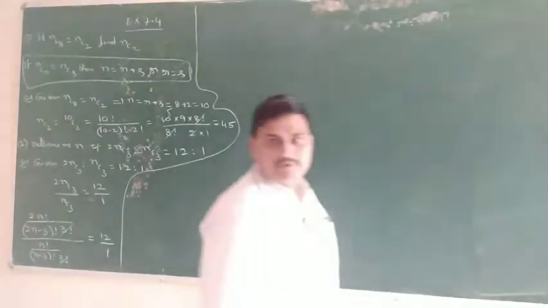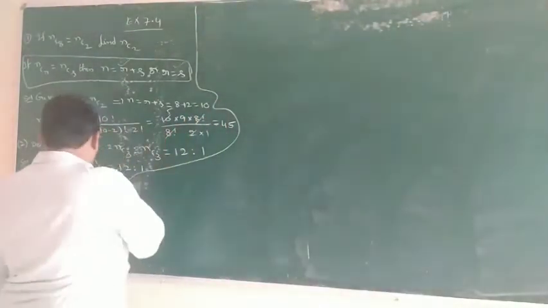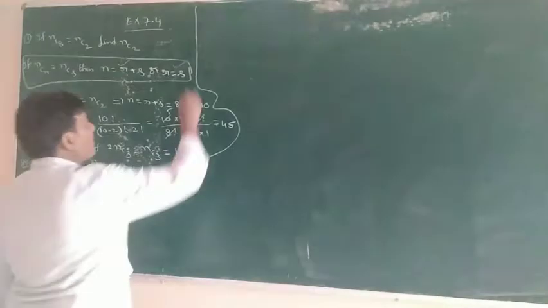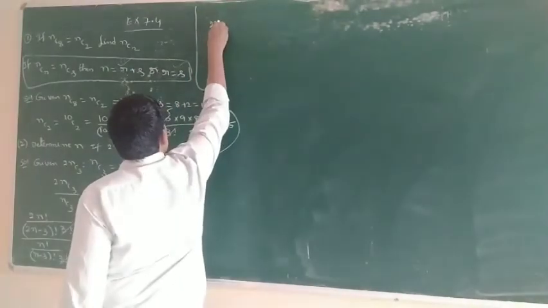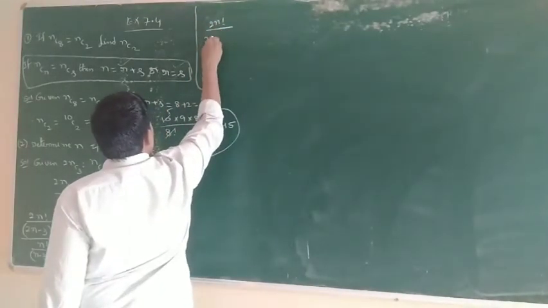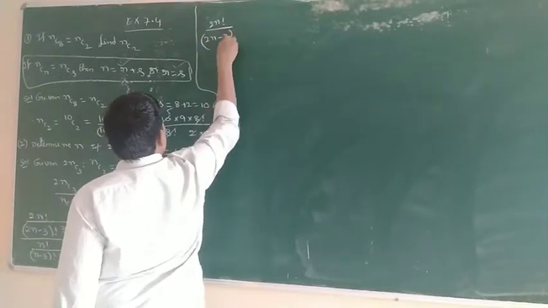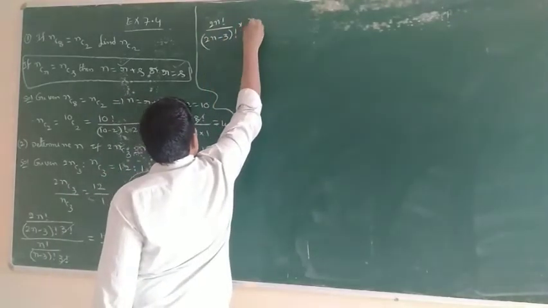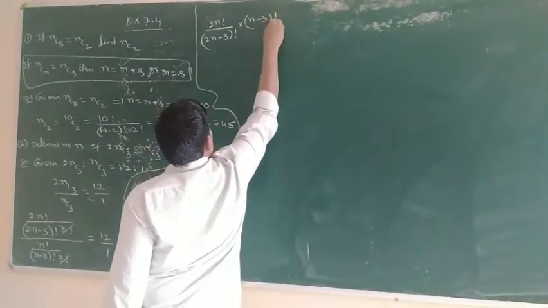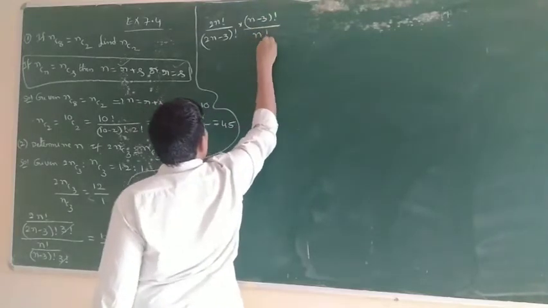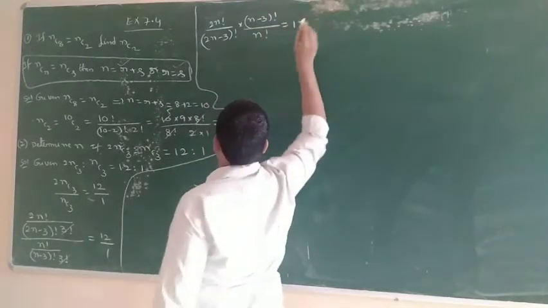So, 2n factorial by 2n minus 3 factorial into n minus 3 factorial by n factorial is equal to 12.